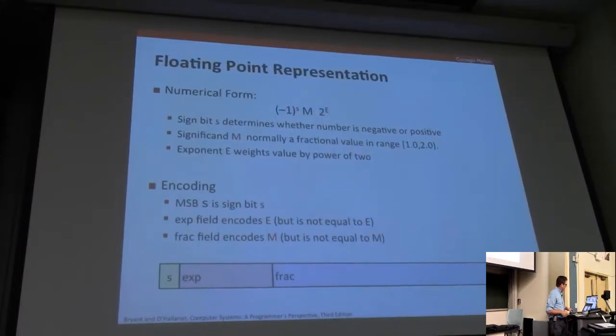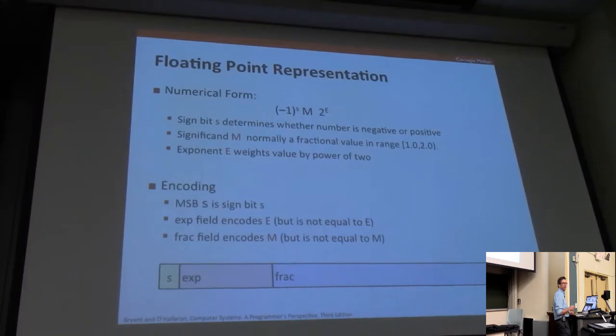So the floating point has the form, it represents numbers in, this is like a scientific notation. It represents numbers of the form (-1)^s, where s is a sign bit, times a significand m, times 2 to some exponent e.